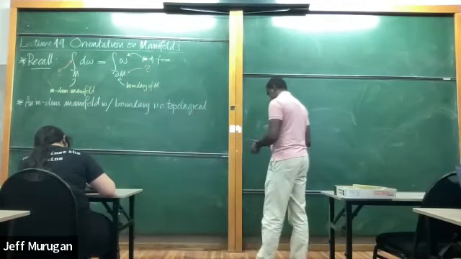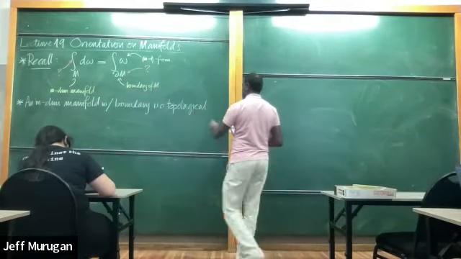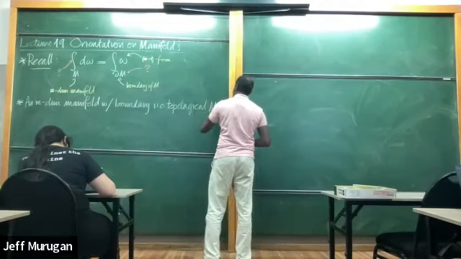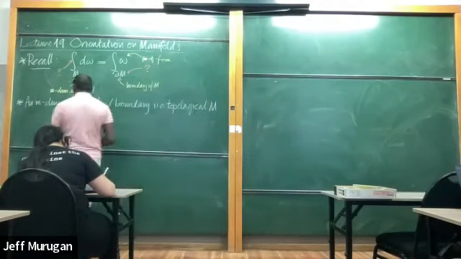So, is there anything unclear? A topological space that's equipped with some charts.